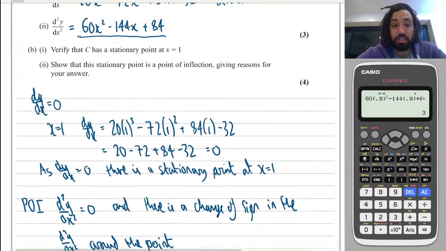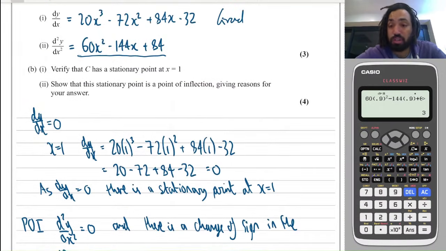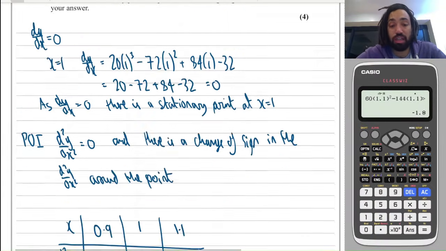And then let's do the same, but change these to 1.1s. And hopefully we get a different sign. Great, negative 1.8.